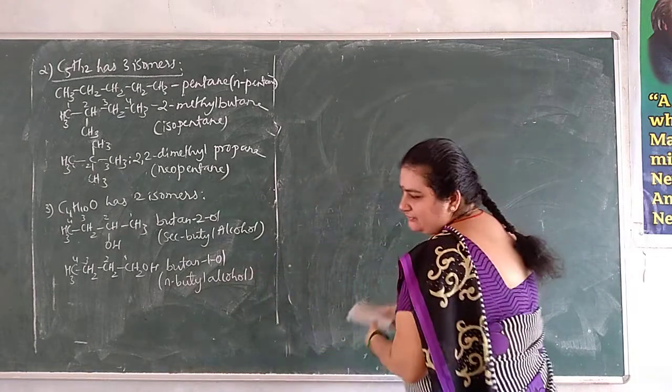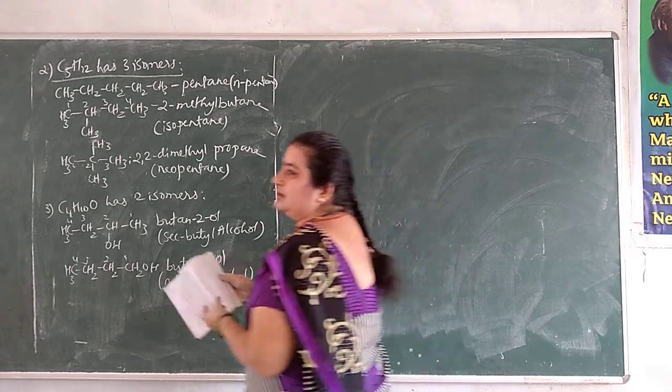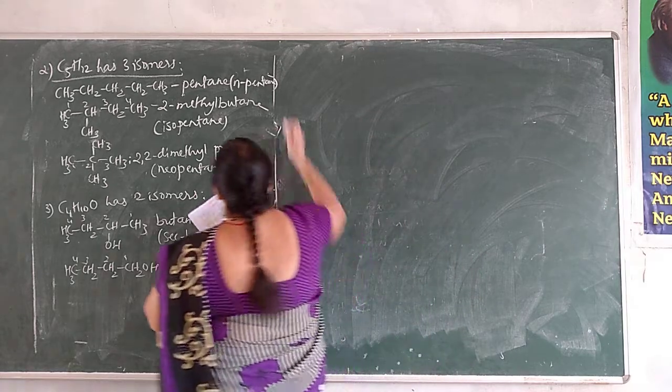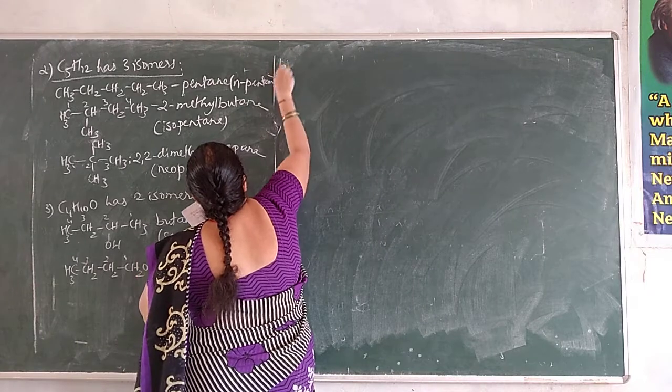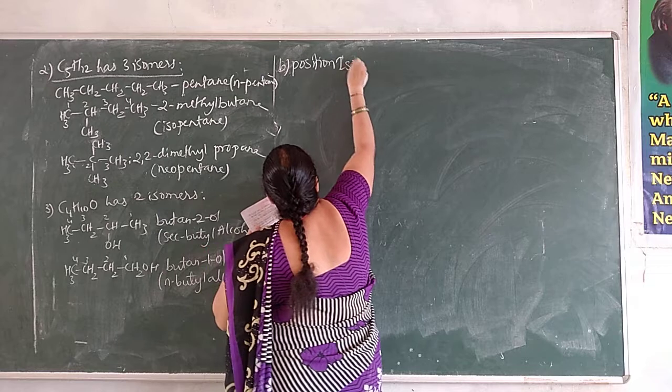The name itself indicates it differs in the position of the functional group. Second one, or B, position isomerism.